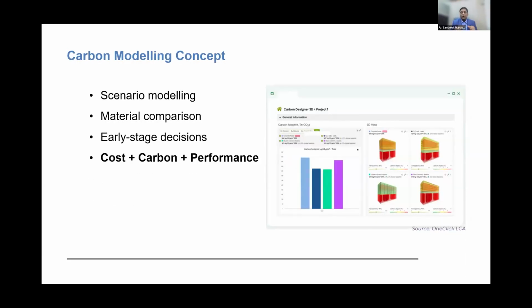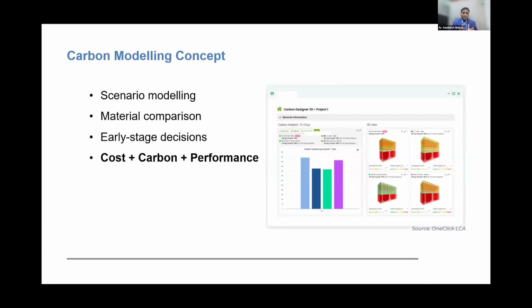This process is called carbon modeling. Carbon modeling is essentially a scenario-based process. It starts by defining the building scope, systems, materials, and quantities at a given design stage. And of course, emission factors can be applied using the EPD, environmental product declarations, or generic data sets. What makes carbon modeling powerful is the comparison. We may need to compare one scenario with the other.